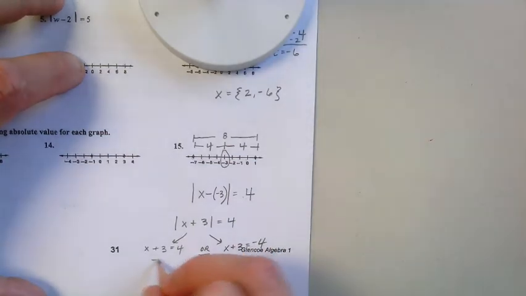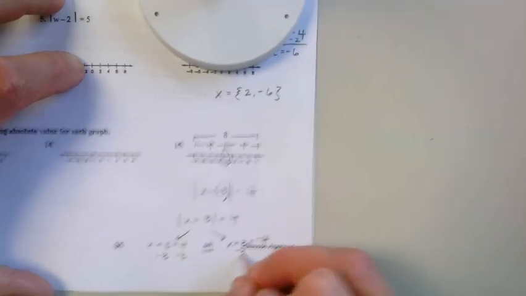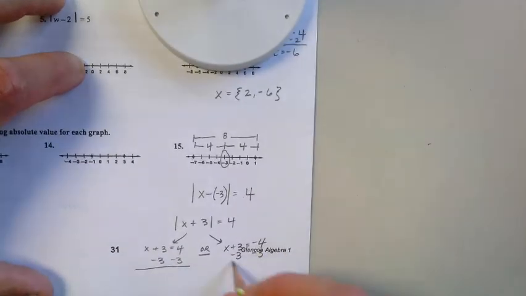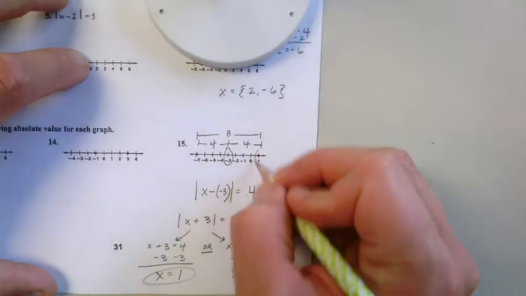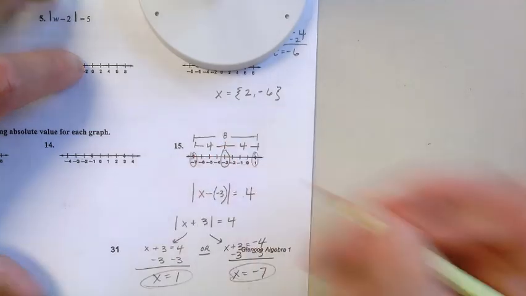Now from there, if I subtract 3 from both sides, doing the same thing to both, I end up with x equaling 1 and x equaling -7. And voila, that is exactly what we needed, 1 and -7.